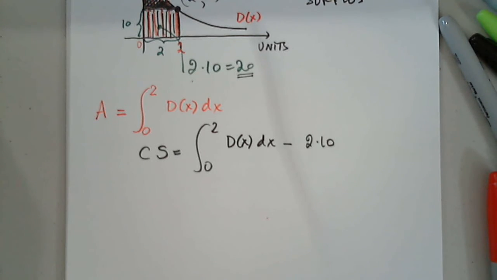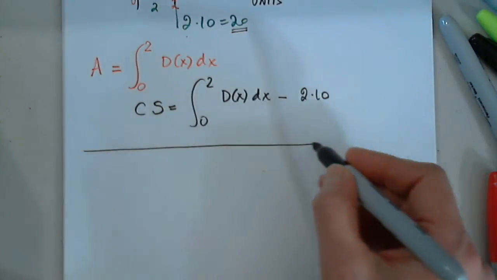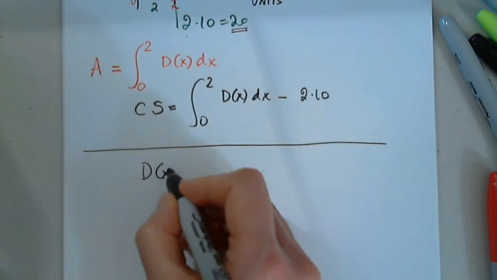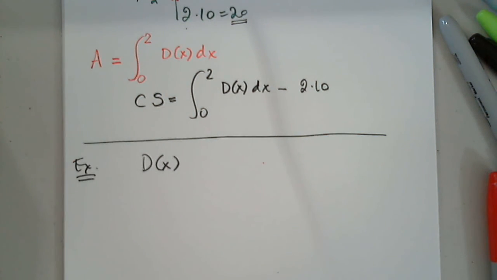Okay, so I would like to create a problem right now, because I think in the book at this point, they are all for the consumer at the equilibrium point. I just want to stop and work on one problem so we see how this works. So let's create a function. Give me any quadratic function that you can think of.